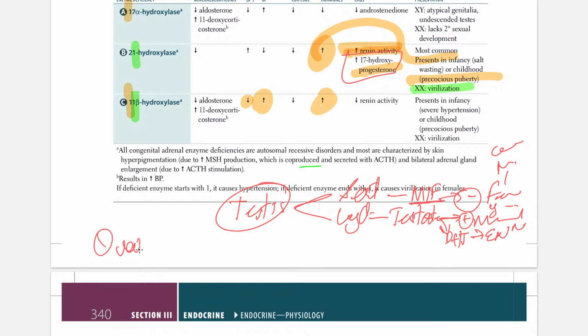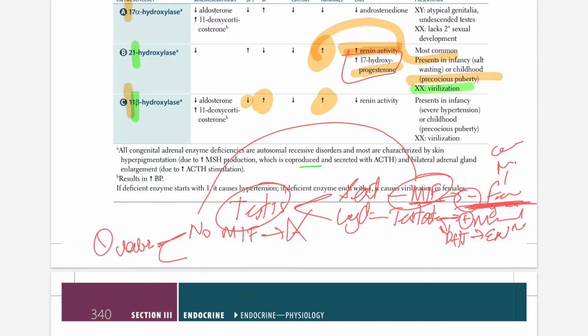Now let's talk about ovaries. With the ovary, you don't get MIF, because MIF was only coming from the Sertoli cells. So no MIF, meaning no inhibition, you're not inhibiting any internal female genitalia. So you will form a proximal vaginal canal, cervix, and uterus.